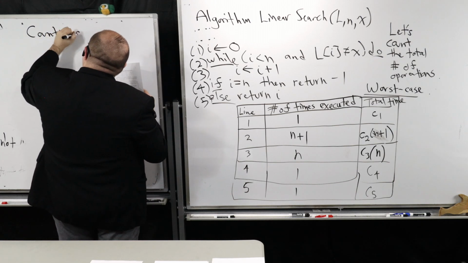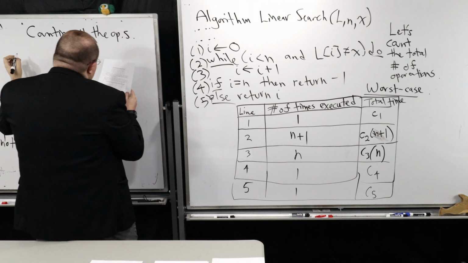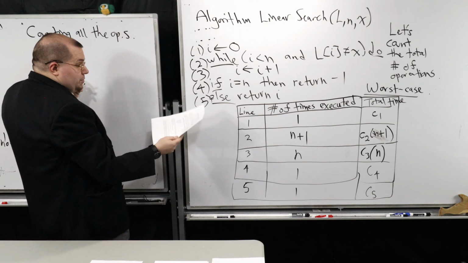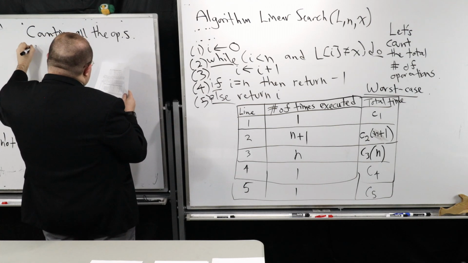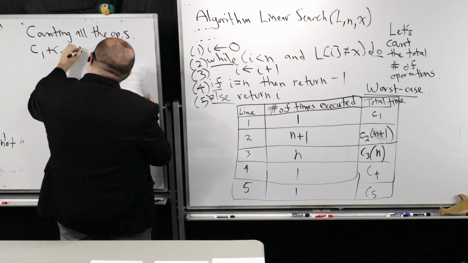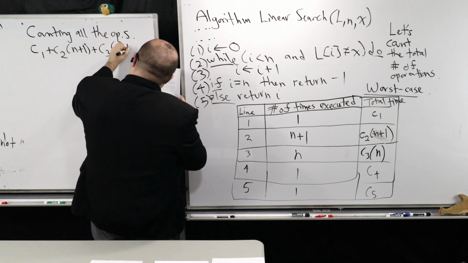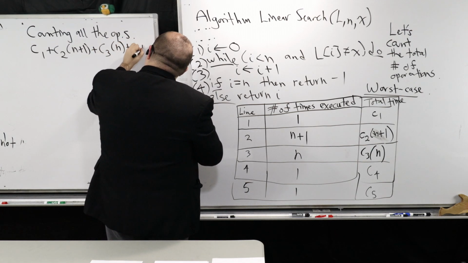Counting all the operations, if I go through all of these, I get C1 plus C2 times n plus 1 plus C3 times n plus C4 plus C5.